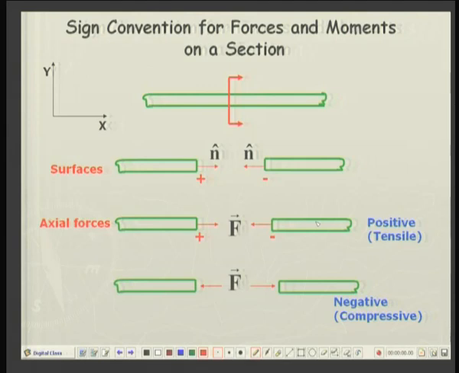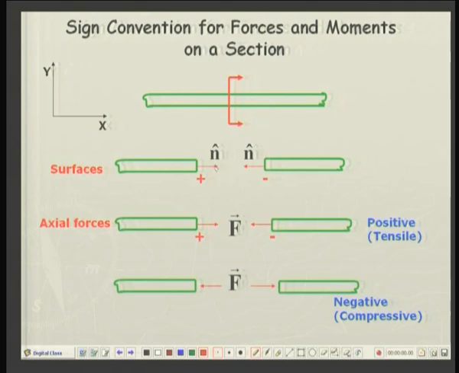Now, suppose I take an arbitrary section over here. It means I have cut the beam into two parts and two surfaces are produced. I will consider the outer normal on each of these surfaces. These are unit vectors. Outer normal means pointing away from the body of the section. That is, this is the section, so outer will be like this. In this case, the outer normal will be towards the left, here it is towards right.